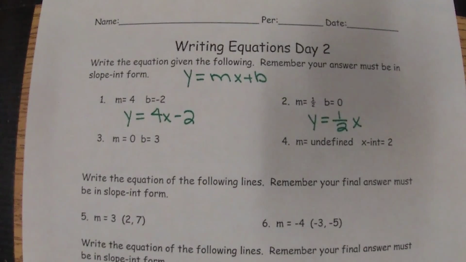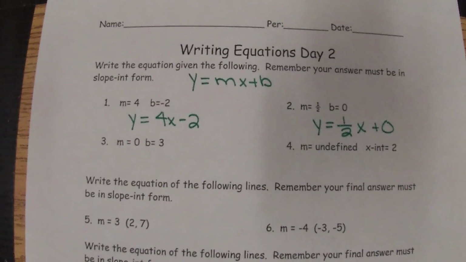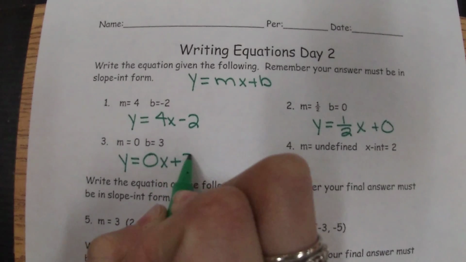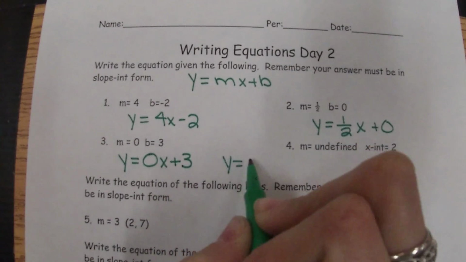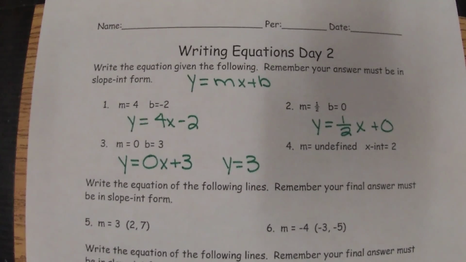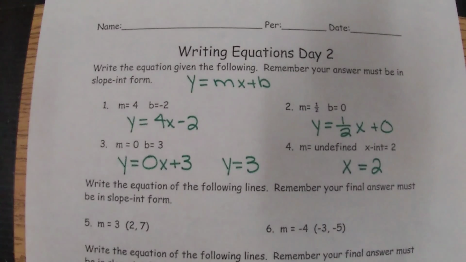That could also be y equals 1/2 x plus 0. Number 3, y equals 0x plus 3, but you could also have that as y equals 3. Then number 4 goes to our undefined slope. So for here, we should have x equals 2.